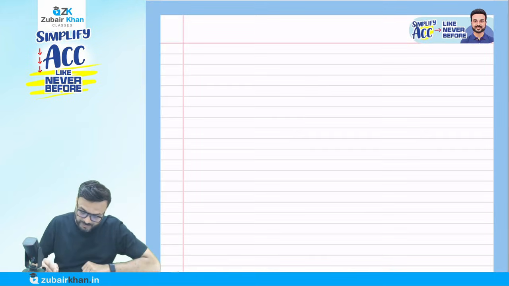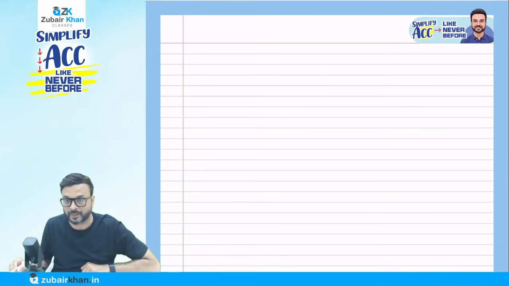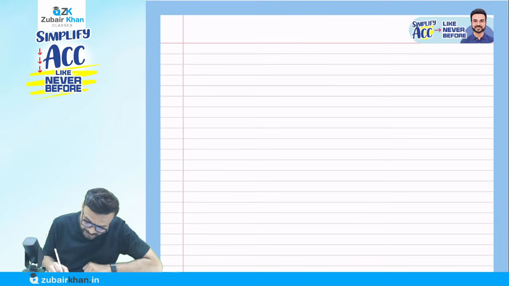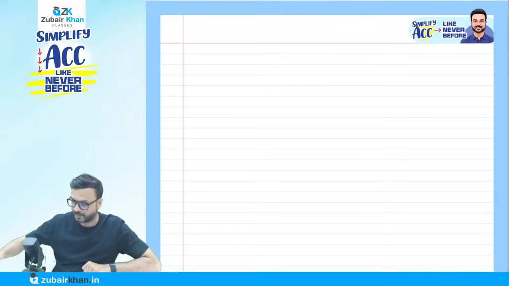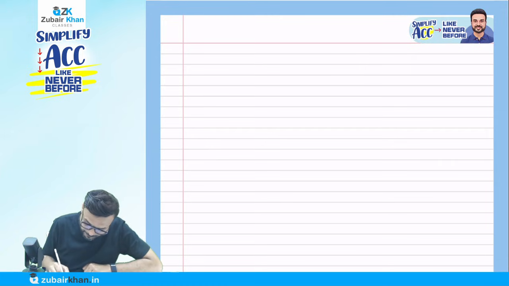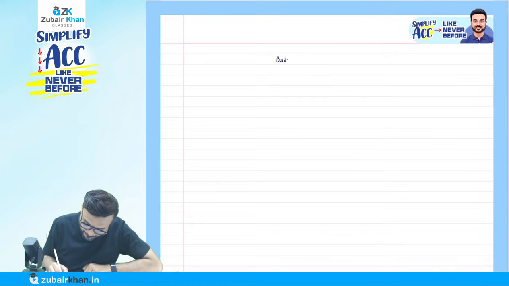Now we'll start today's discussion. There's one concept that I want to discuss with you, and we have to solve a question on it as well. So in your notebook, write down the concept we'll discuss. We call it business entity concept.